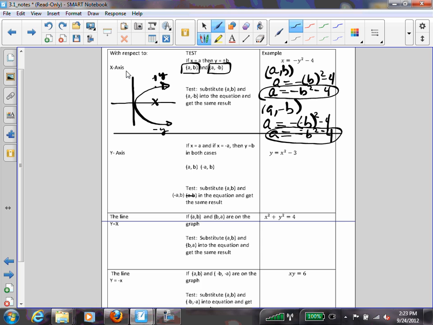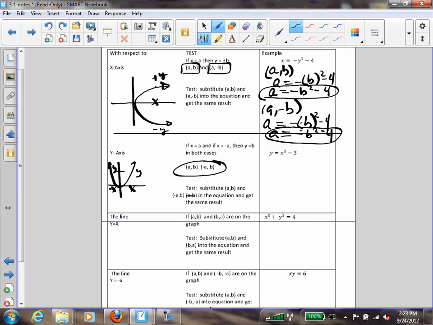Okay? All right. With the y-axis, if something is symmetrical around the y-axis, it looks like this. I can fold it on the y. And what always occurs is I get the same y value no matter if x is positive or if x is negative. So a, b and negative a, b are what I use for my test. That's your test.